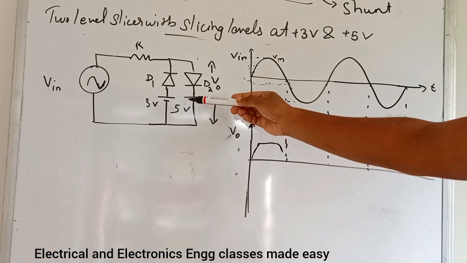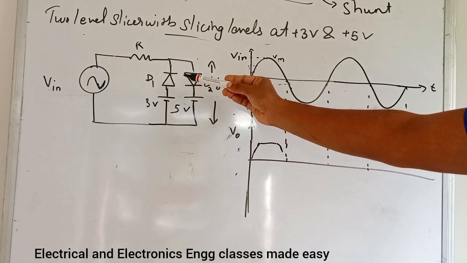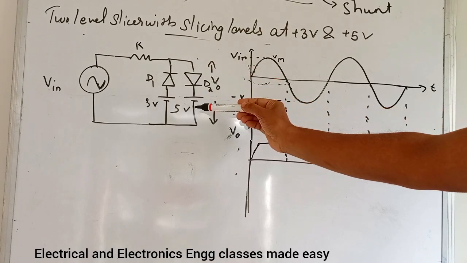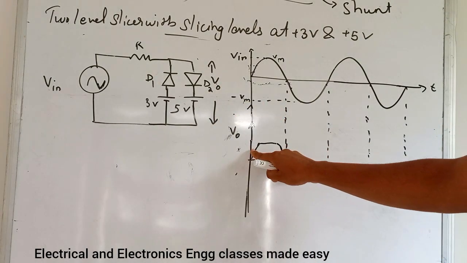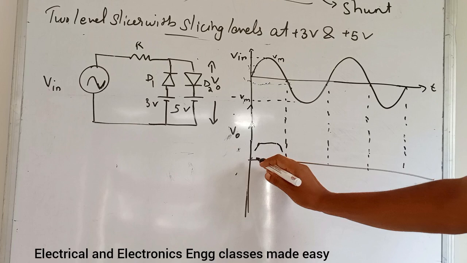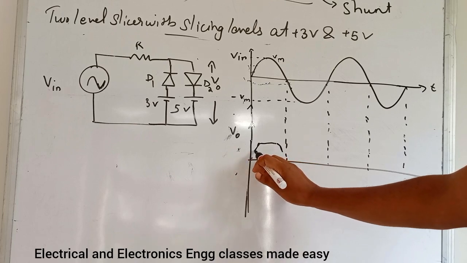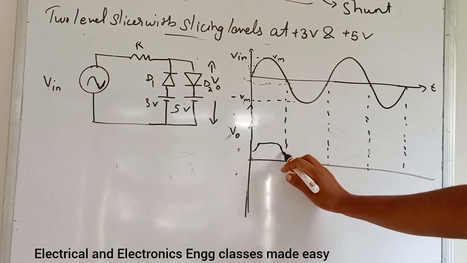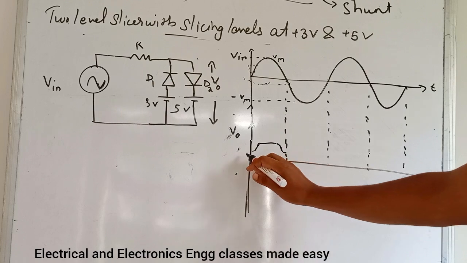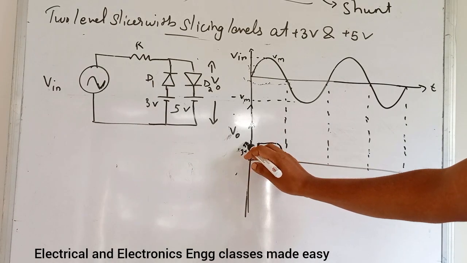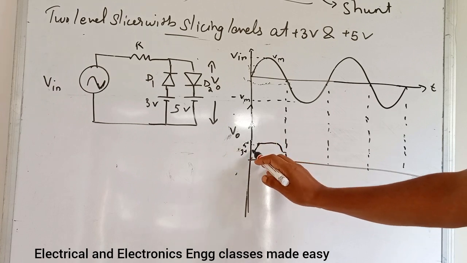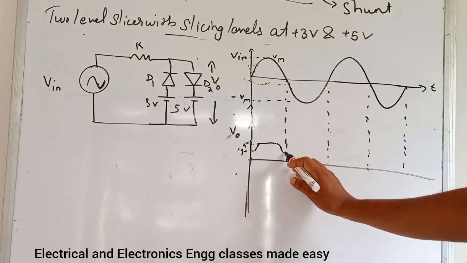Then here the diode D1 will be conducting below this 3 volt. That is, below this 3 volt, the diode will be conducting. That is this is 3 volt, then this is 5 volt. So the waveform will be like this.